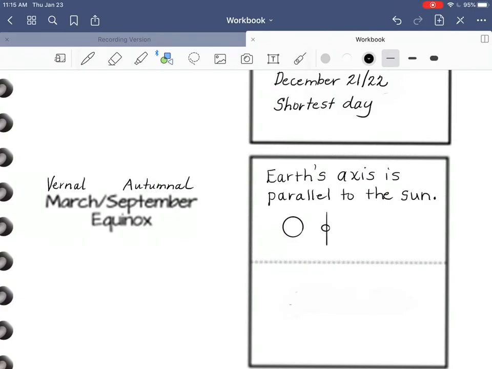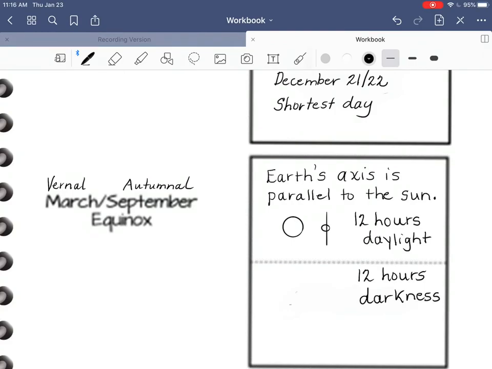And what that means is that we have 12 hours of daylight, because what is equal? So 12 hours of daylight and equally 12 hours of darkness. That makes up the 24 hours in a day.